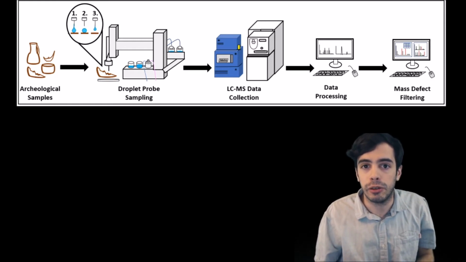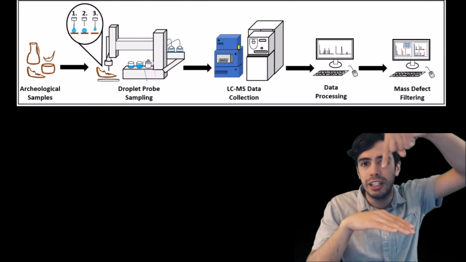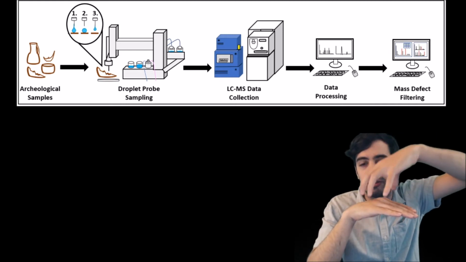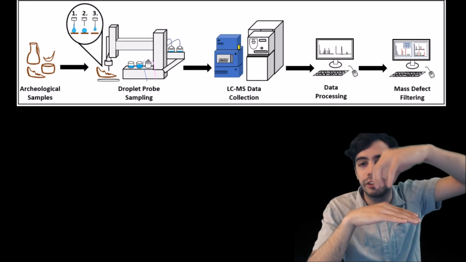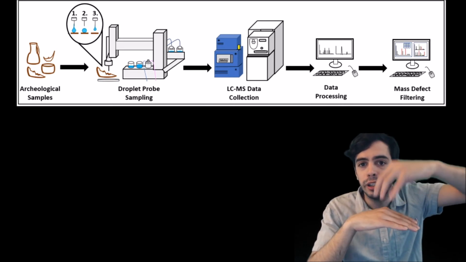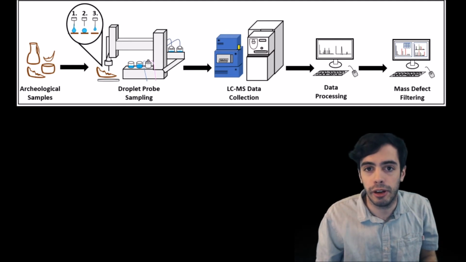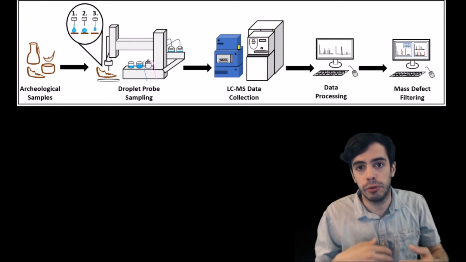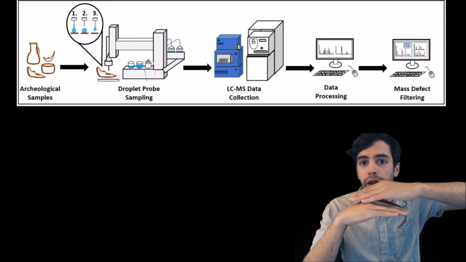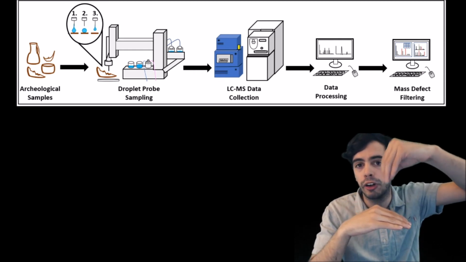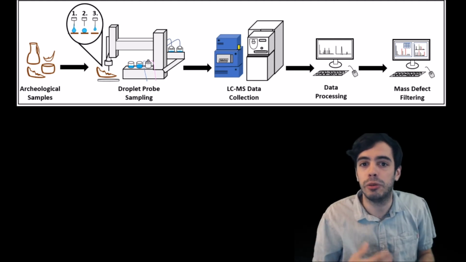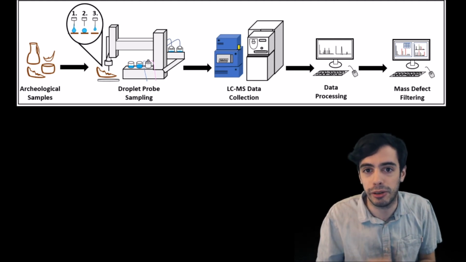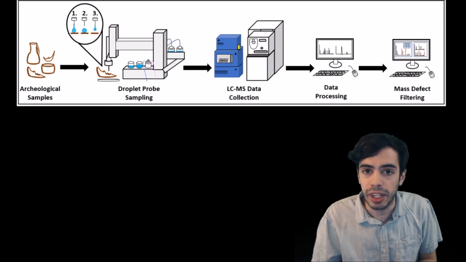It's an 8:2 ratio, and this needle drops 1 drop of the solvent on the top of the pottery, and after a couple of seconds it takes it back and repeats the process 3 more times. Doing this, it allows the compounds to travel from the surface of the pottery inside the droplet, and the droplet, after this chemical exchange, will be injected into a liquid chromatography system that you can see on the next picture.